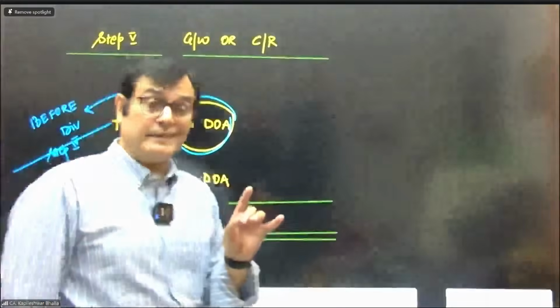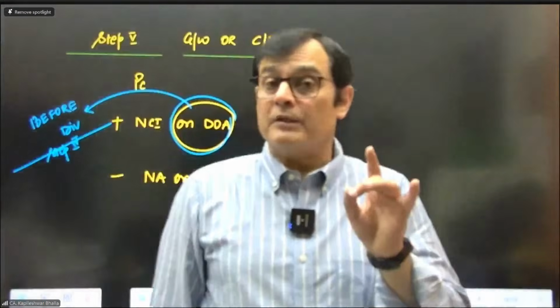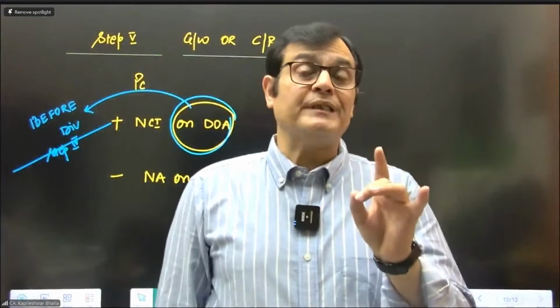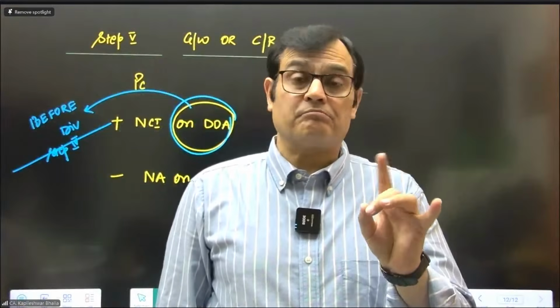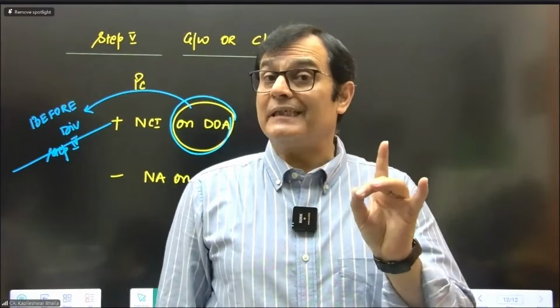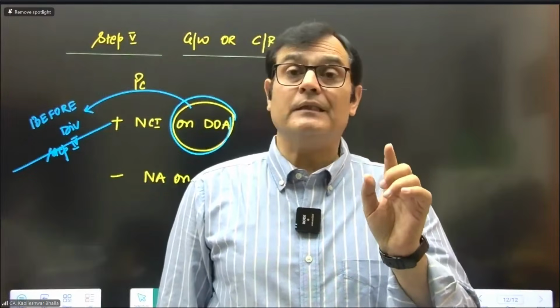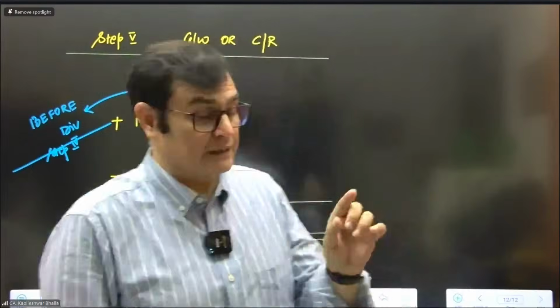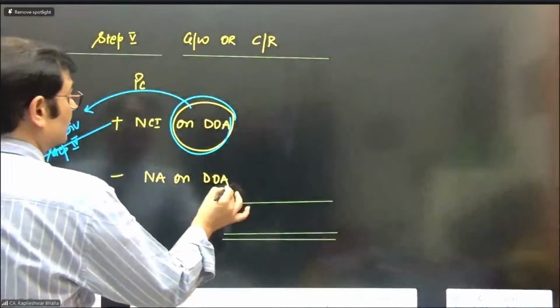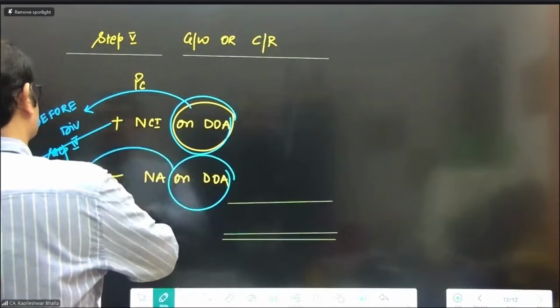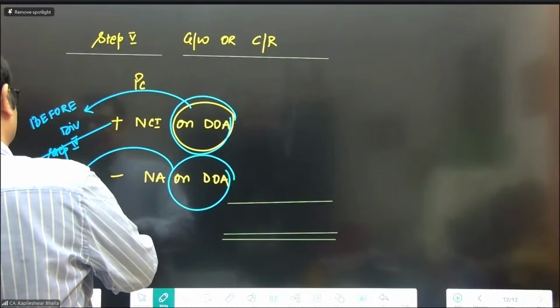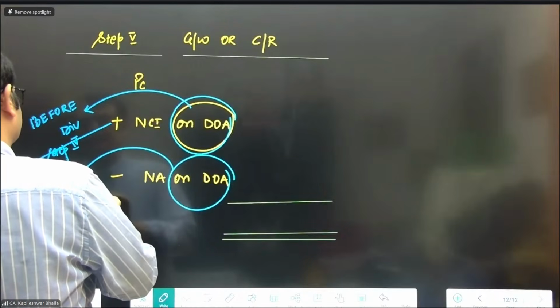Do not take the NCI from step number 4, because in step number 4, you took the NCI after the dividends. So don't make the mistake of picking up that NCI from the previous step. Take the figure which is before the dividends. And then once again, you need it on the date of acquisition. So this is also required before the dividends.